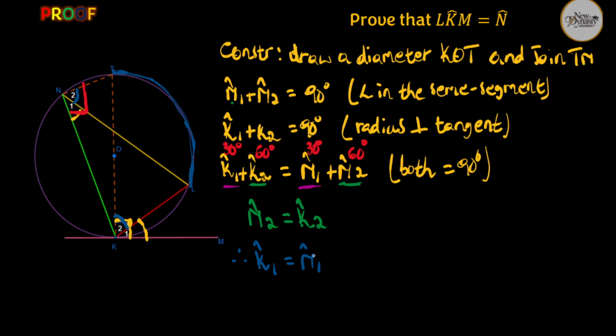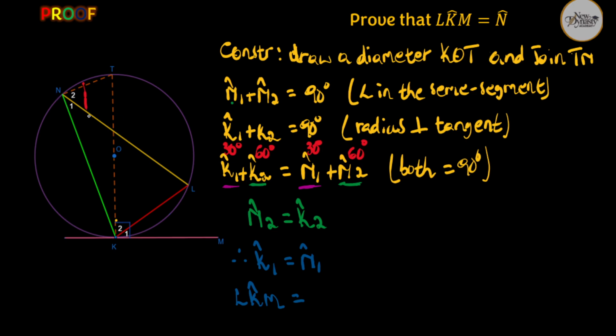So let's look at these angles and give them their conventional naming. K1, where is K1? K1 is here. I'm going to erase everything so that we can see clearly where K1 is. This was just for us to be able to understand. So let us look at our angle K1. Let's give it a conventional naming. That's LKM. So that is your angle LKM, because the angle is formed at K, is equal to N1.